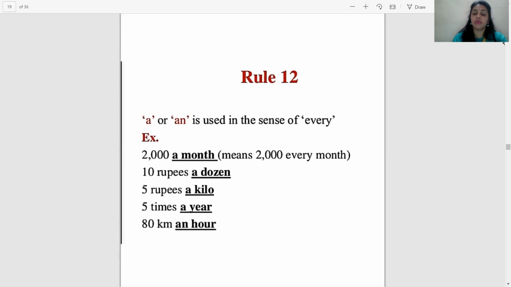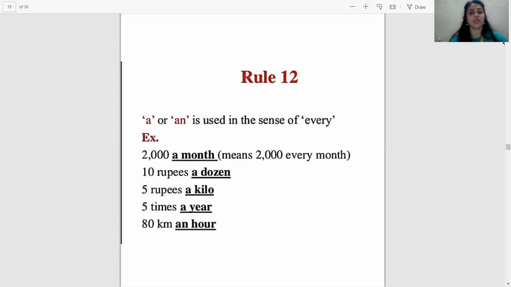2,000 a month, which may be the expenditure of a person, or the earning of a person. So 2,000 a month means 2,000 every month. 10 rupees a dozen. No matter how many dozen you take, it will cost 10 rupees a dozen. 5 rupees a kg or a kilo.